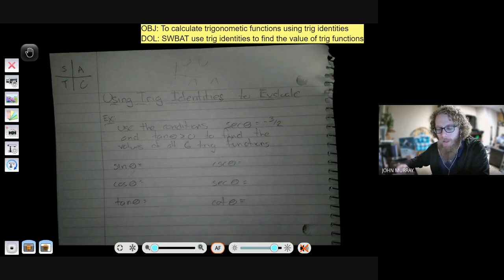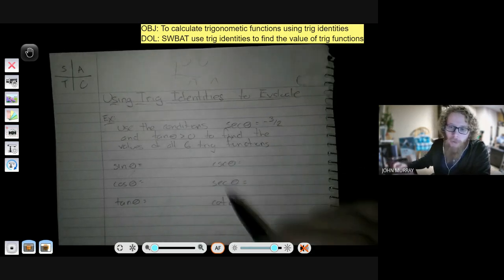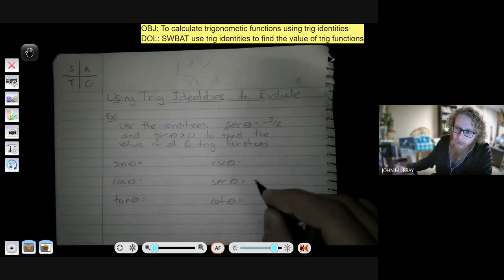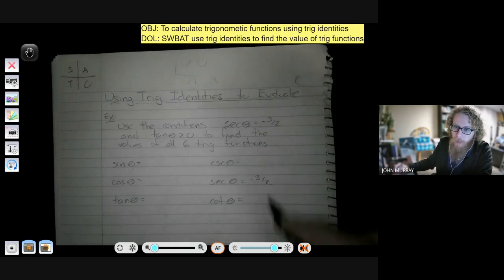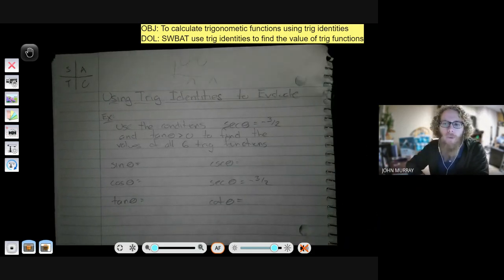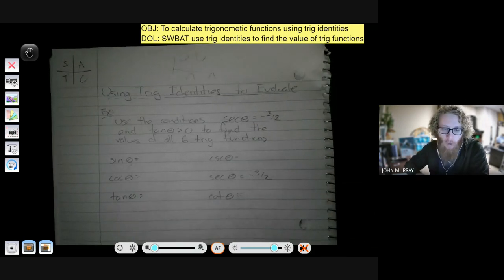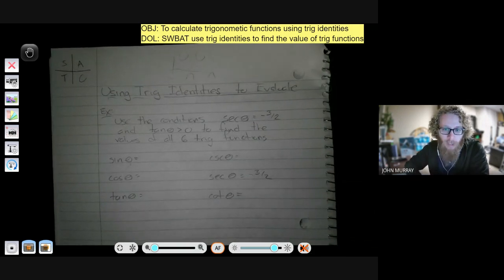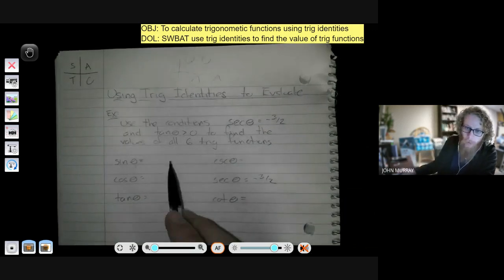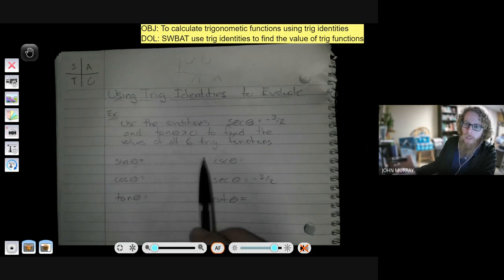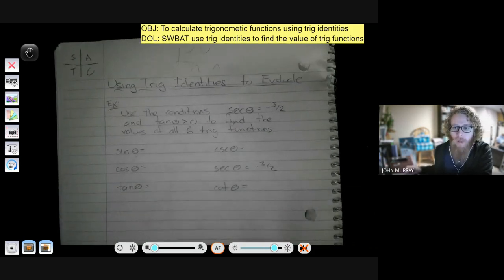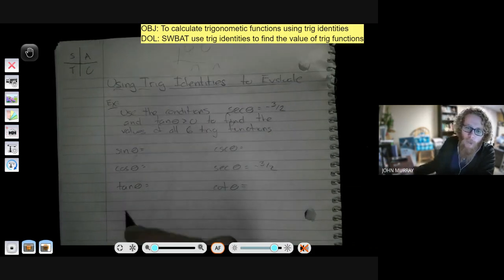All right, so the first one they give to you, I can fill out secant because they tell us secant is -3/2. Usually from that, we can automatically determine a second trig function just by doing a reciprocal, right? Remember, each one of these is related because they are reciprocals of each other.